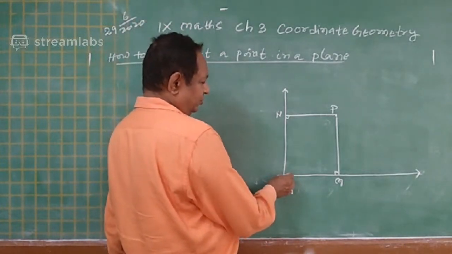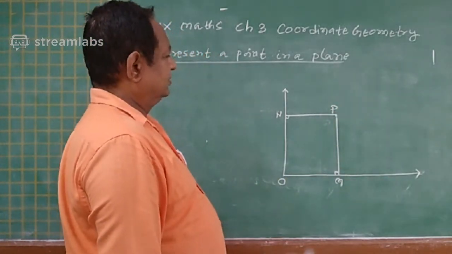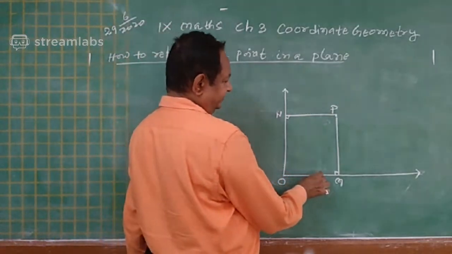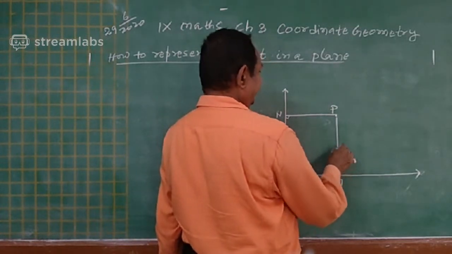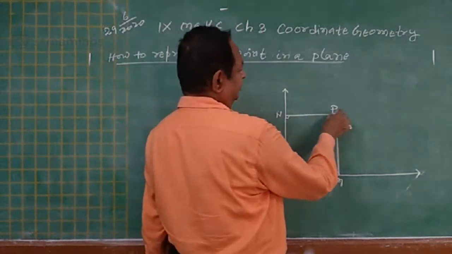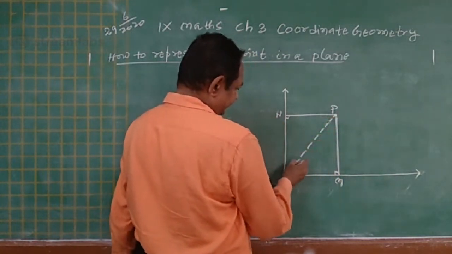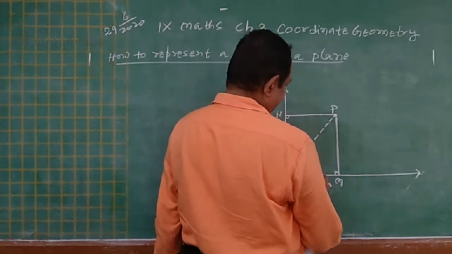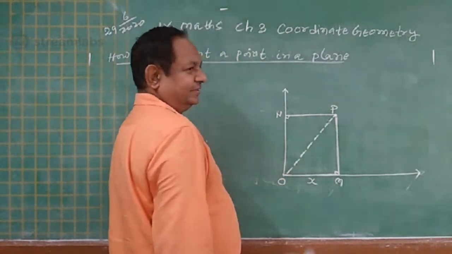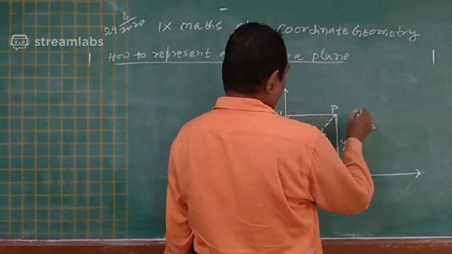To reach from point O to point P, three possibilities are there. First, we go from O to M and from M to P, or O to N and N to P, or directly from O to P. This distance is called the x coordinate, and the distance moved perpendicular to this is called the y coordinate.